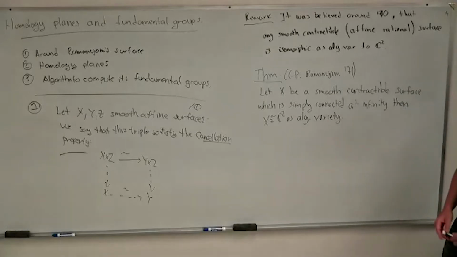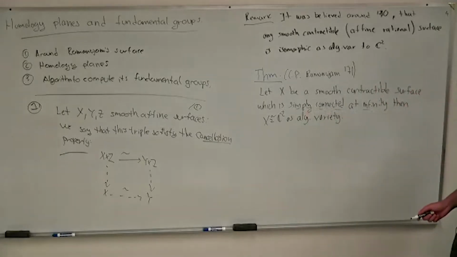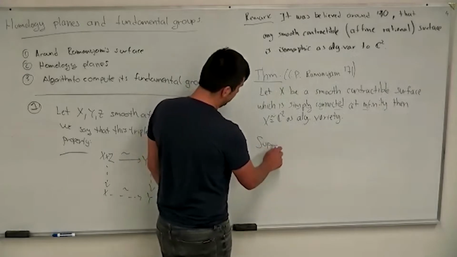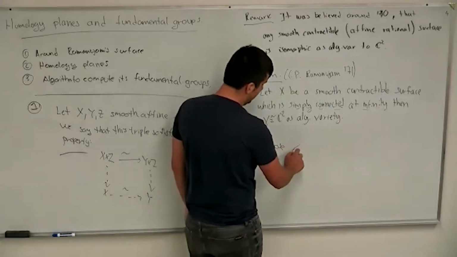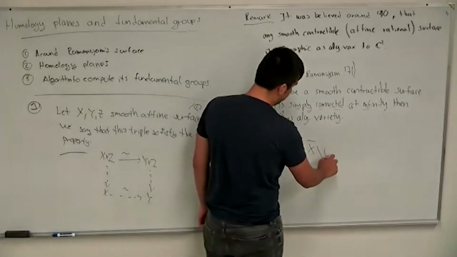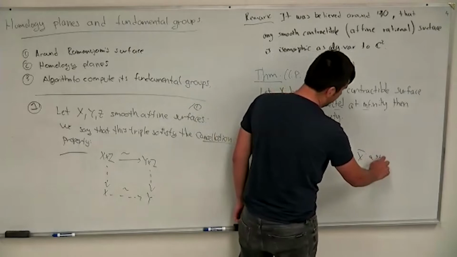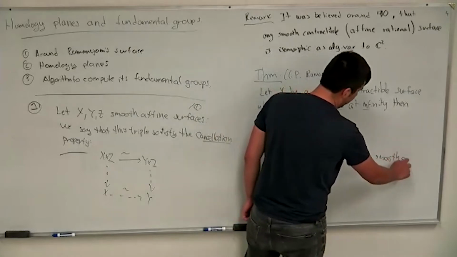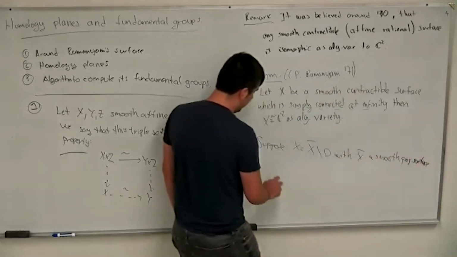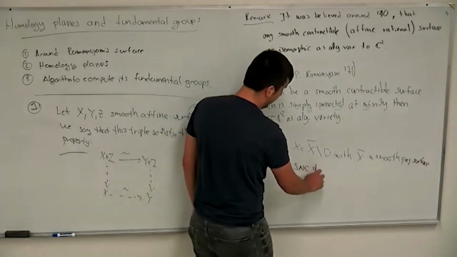Okay, so let me define what it means to be simply connected at infinity. For this, we suppose that we can write X as X bar minus D, with X bar a smooth projective surface, and D a simple normal crossing divisor.